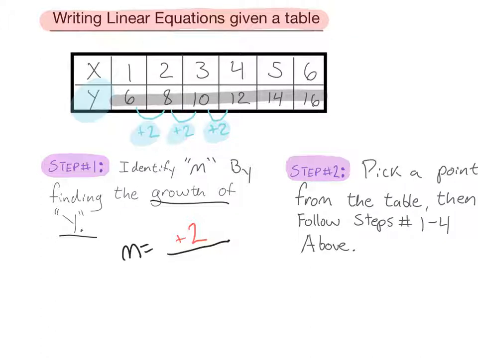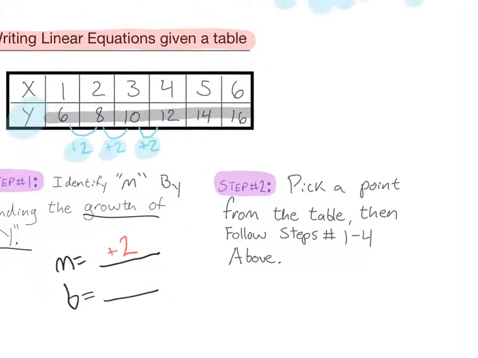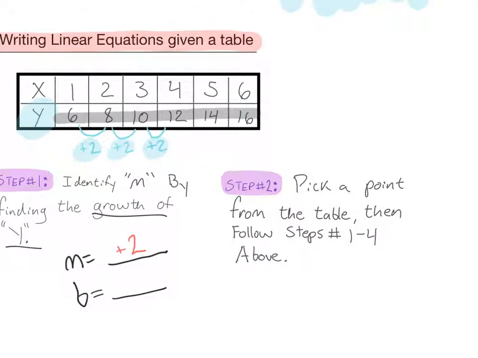Awesome. You've completed step 1. Now, the other step we need to do, you should know it. Since we have M, we simply need to find B. And this is how we're going to find B. Step 2 asks us to pick a point from the table and then follow steps 1 through 4 above. So let's first just pick a point from the table. Every single one of these here is a point.